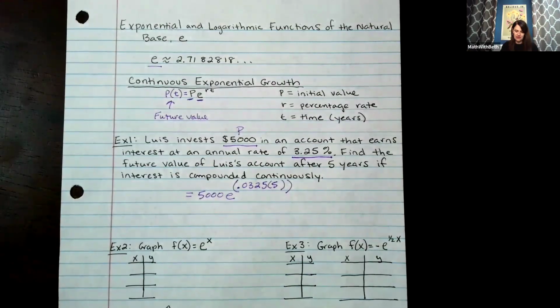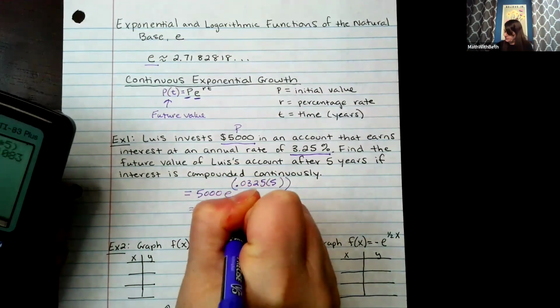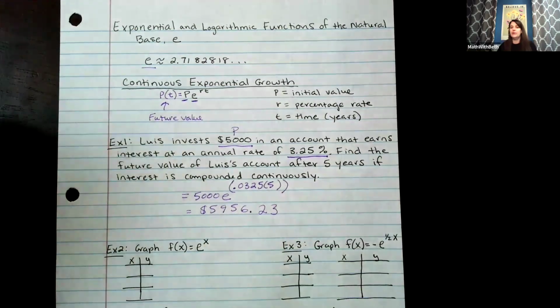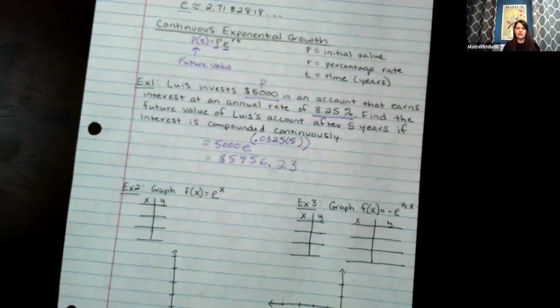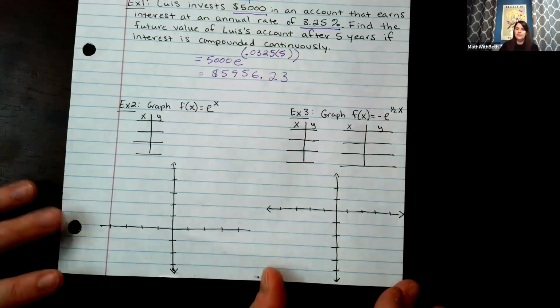So 5,000 times E, you'll find E in your calculator above ln usually, raised to the power of 0.0325 times 5. I'm going to end that parenthesis and see what I get. Usually problems will tell you what to round to, but when you're dealing with money, we typically go to 2 decimal spots.